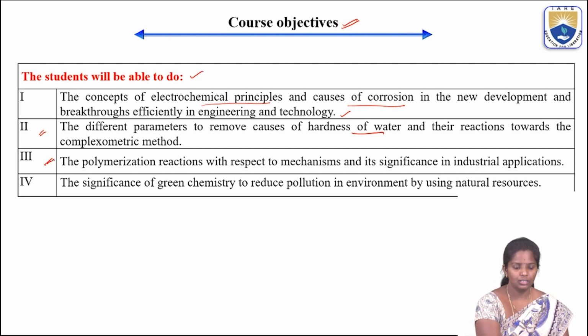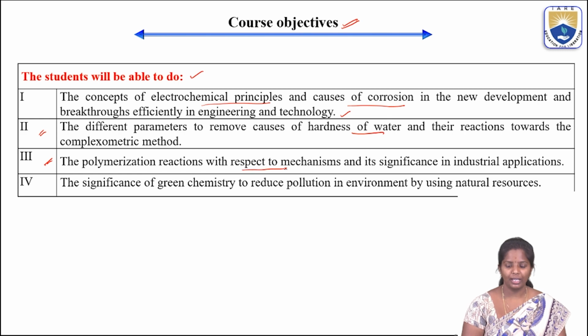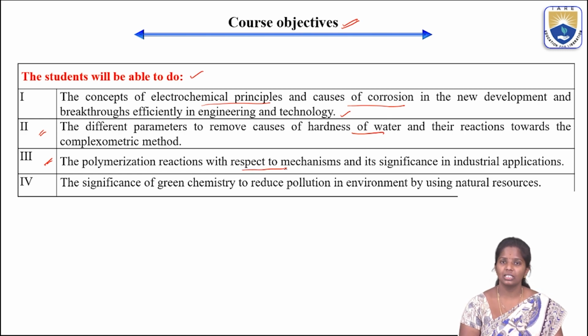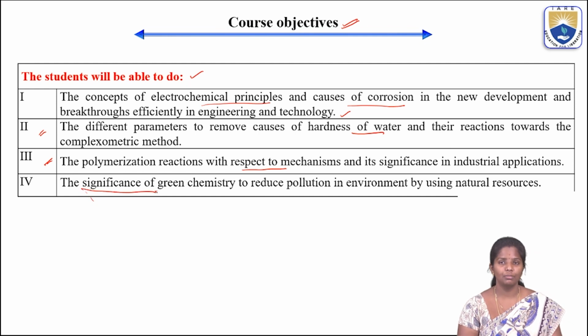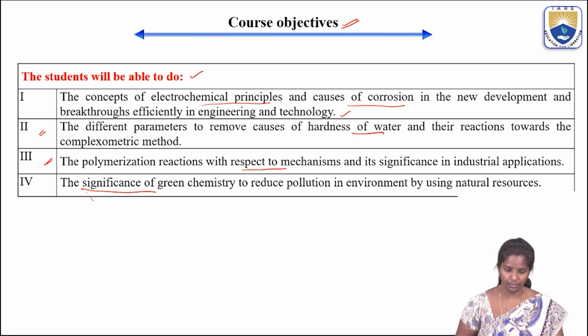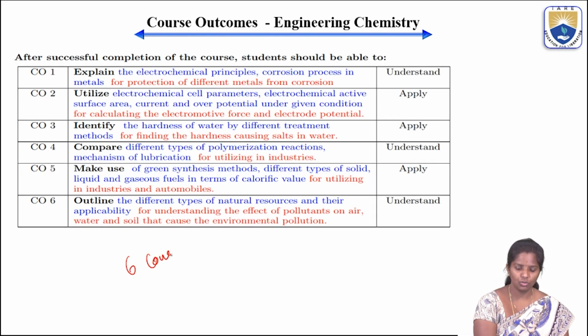The third describes the polymerization reaction with respect to mechanism and significance in industrial applications. And the fourth gives the significance of green chemistry to reduce pollution in the environment by using natural resources. So these are the 6 course outcomes for chemistry.